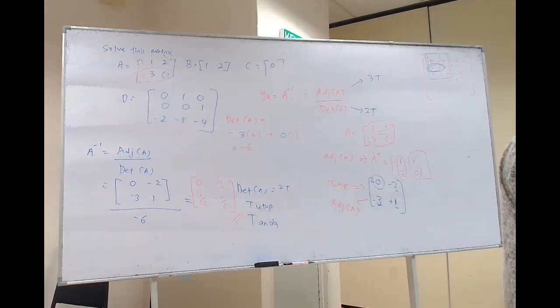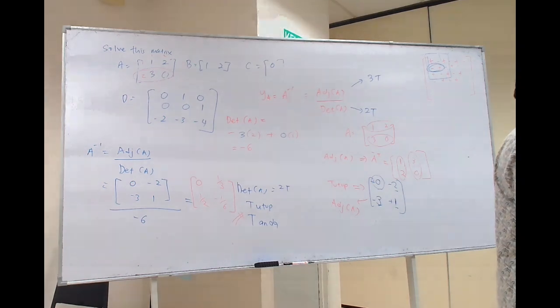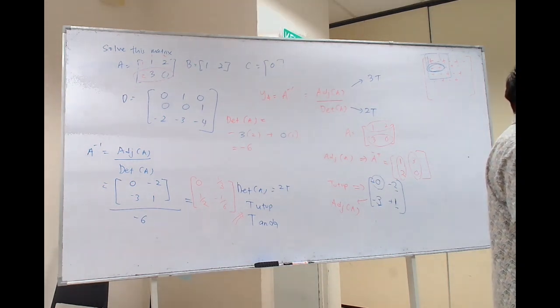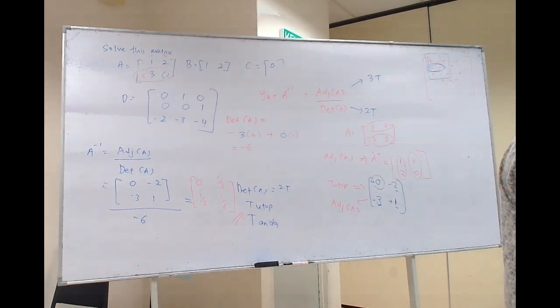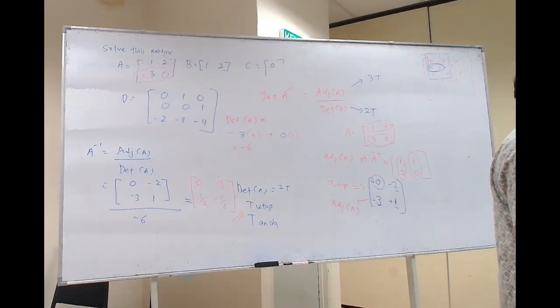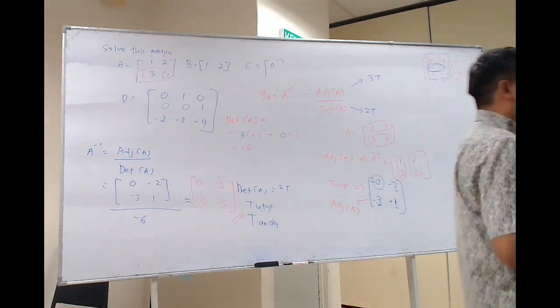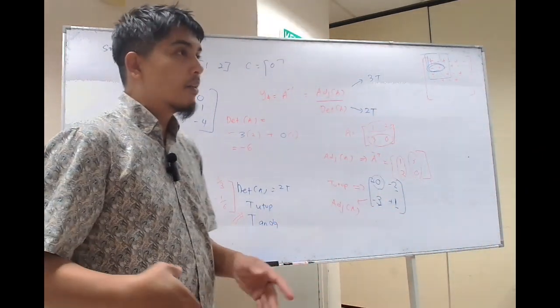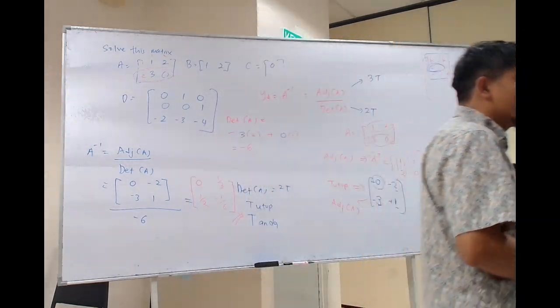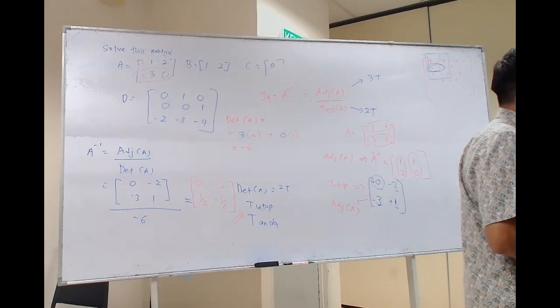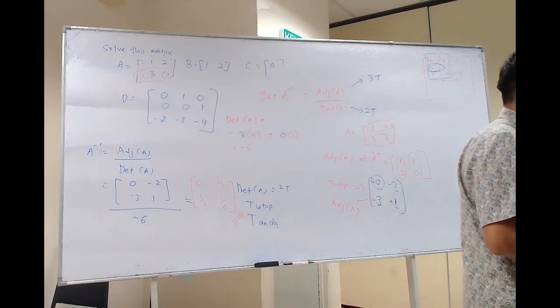For this type of question in control, it will be 3 by 3 at maximum. For 2 by 2, I just use the formula 1 over ad minus bc. You can use the formula, no problem, as long as you can get the same answer.